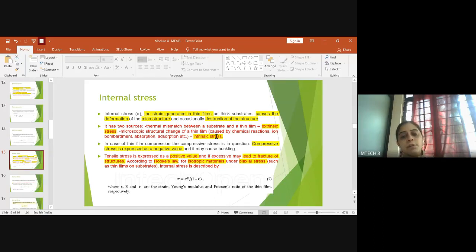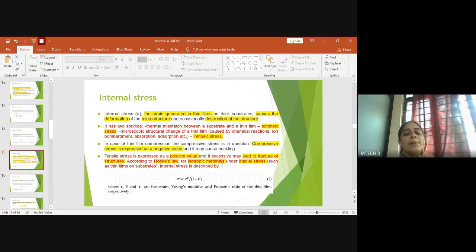Then explain compressive stress, whether the value is negative or positive, and if buckling comes into picture, how to do the analysis. Similarly, tensile stress will be positive, and if the load subjected is more, it leads to the fracture of the structures.